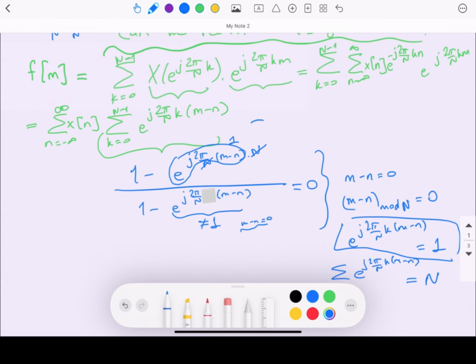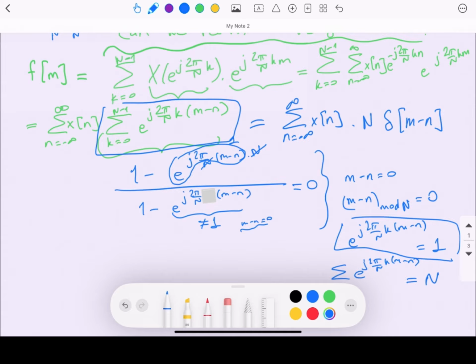So instead of this summation, we can write N times delta function of m minus n.